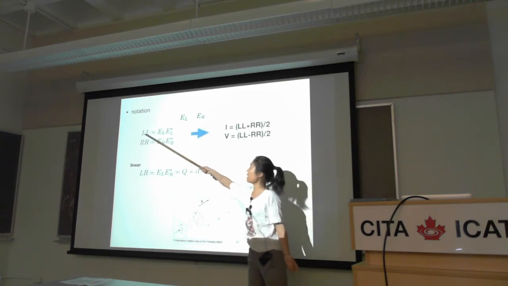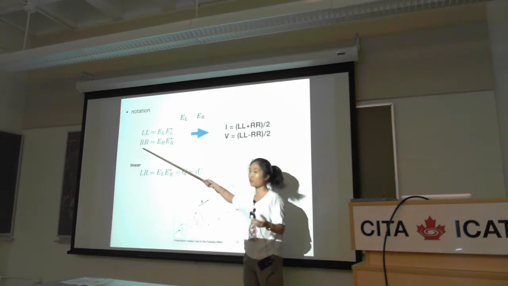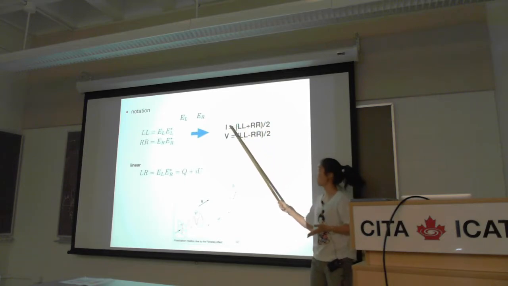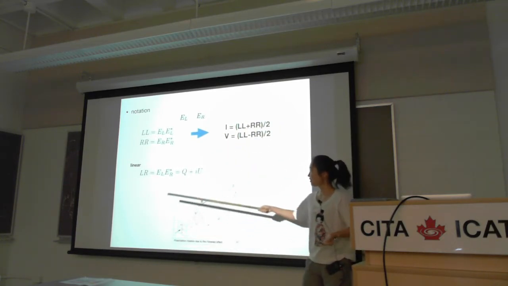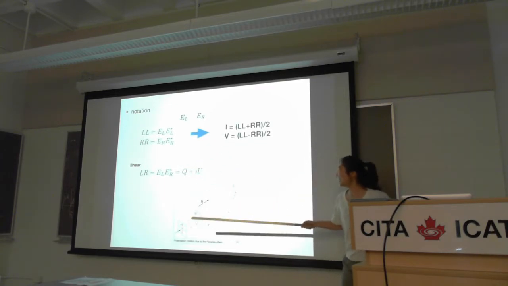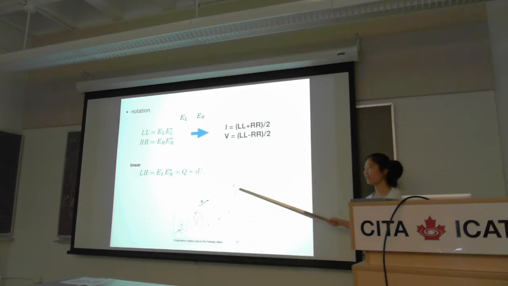I use LL to denote the total flux of left polarization and RR for the right polarization. If you sum them together, that is the total flux. If you subtract them, that is the linear portion. And their cross product is the linear polarization, from which we can measure the Faraday rotation.